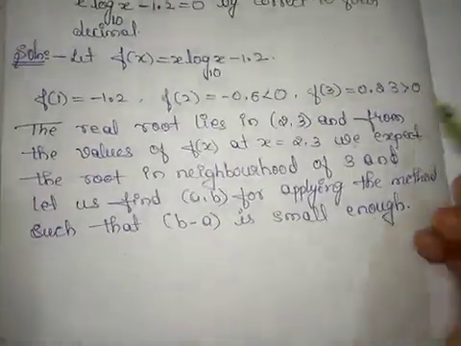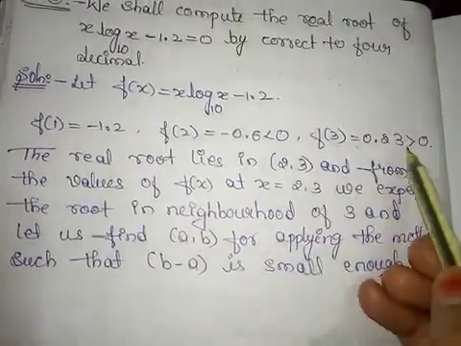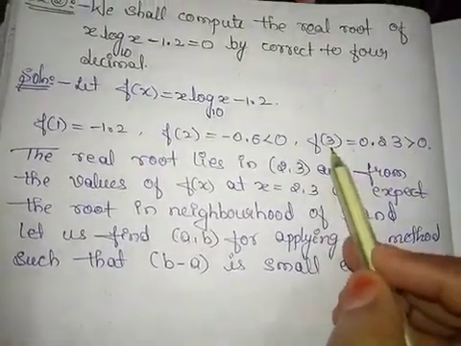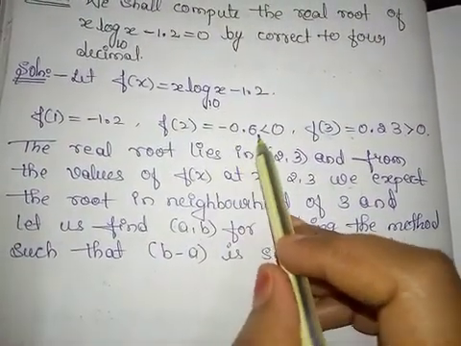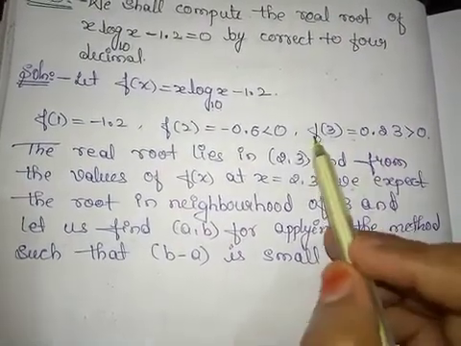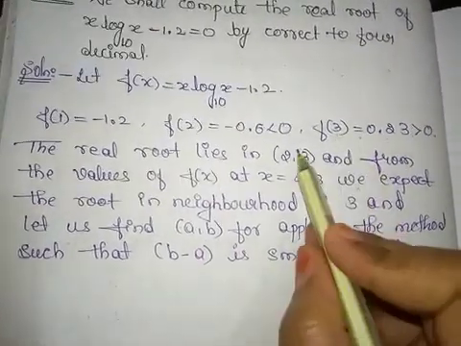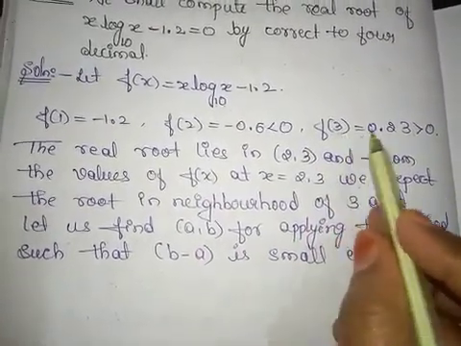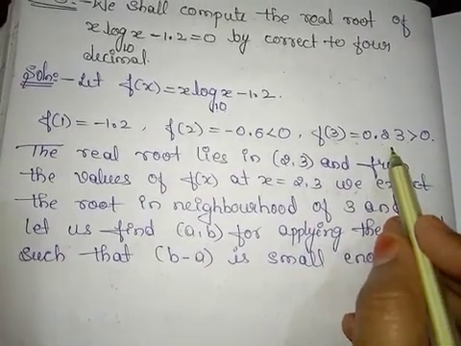For that, our next value is what? The positive value comes at x is equal to 3, right? The negative value is at minus 0.2. This is a positive value, meaning we get two consecutive values, negative and positive. See, when we go for 3.1, again we get a positive value only.